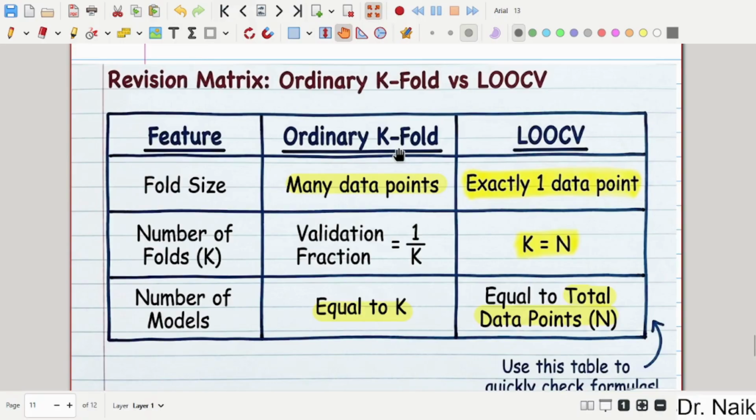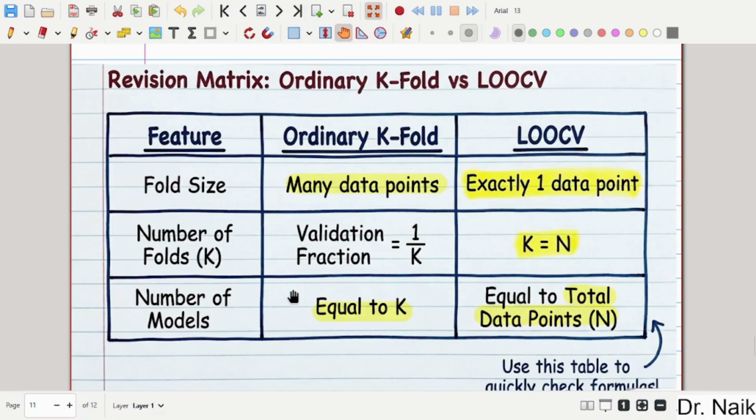In ordinary k-fold, fold size has many data points, but in leave one out cross validation we have exactly one data point. For the validation fraction, in ordinary k-fold it is 1 upon k, whereas in leave one out cross validation k is exactly equal to n.